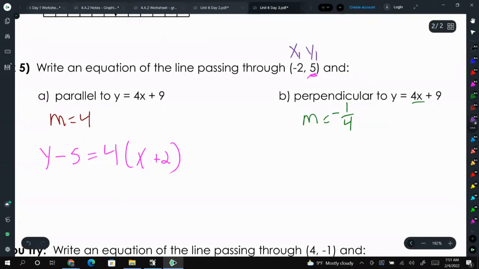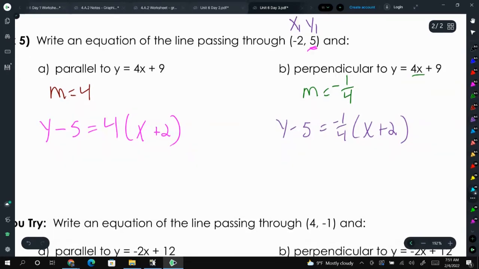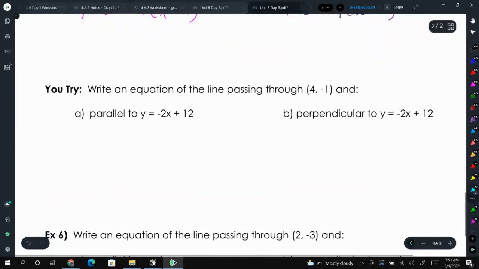So now my equation is going to be y minus 5 equals negative 1/4 times x plus 2. So you notice these 2 equations look exactly the same, except our slopes are different because we're going through the same point up here.